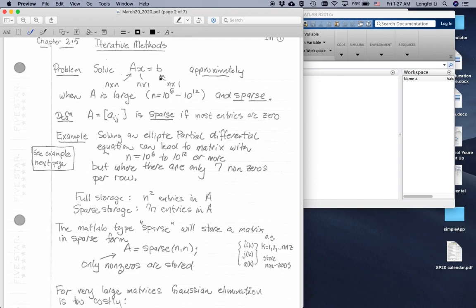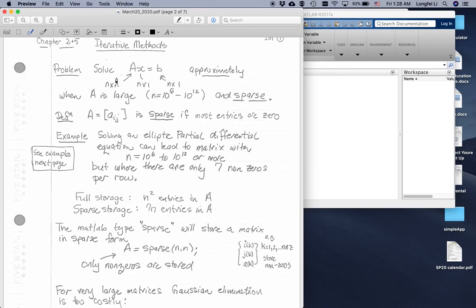The complexity cost is on the order of n cubed, so you need to do n cubed calculations to solve Ax equals b if the matrix dimension is n, by using Gauss elimination, which is very expensive.